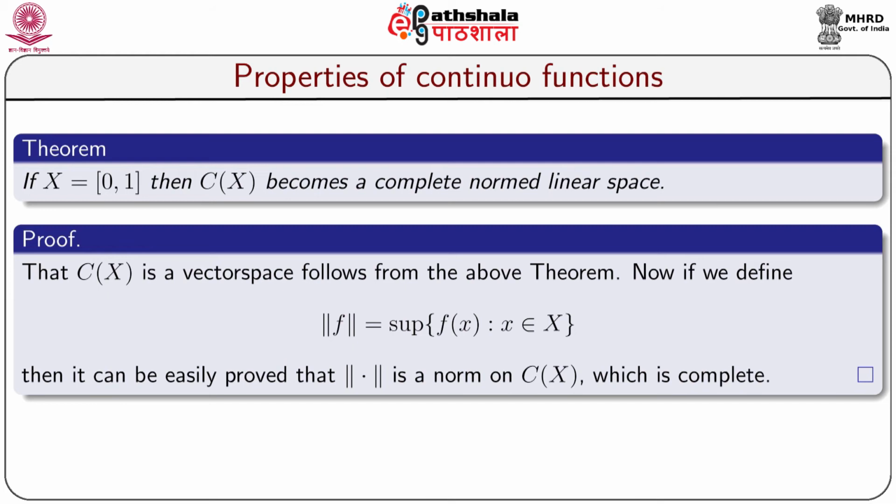In fact, as we have considered X as the closed interval [0, 1], the set |f(x)| such that x belongs to X is bounded. So, the supremum exists, and we can define the norm. With this norm, C(X) becomes a complete normed linear space.